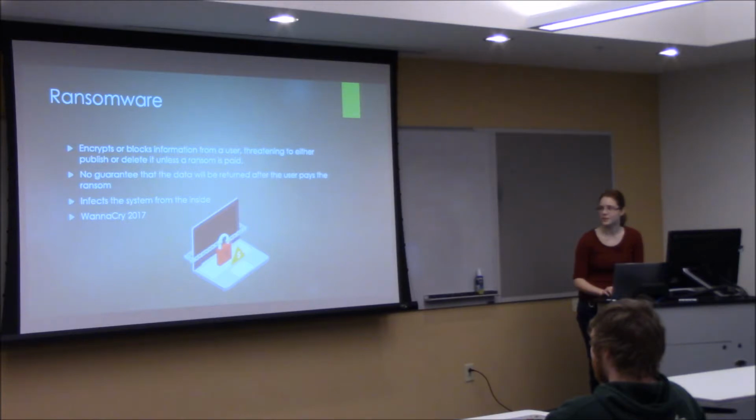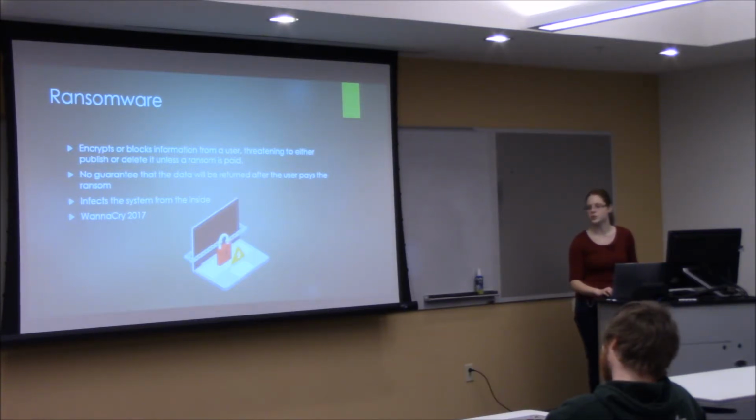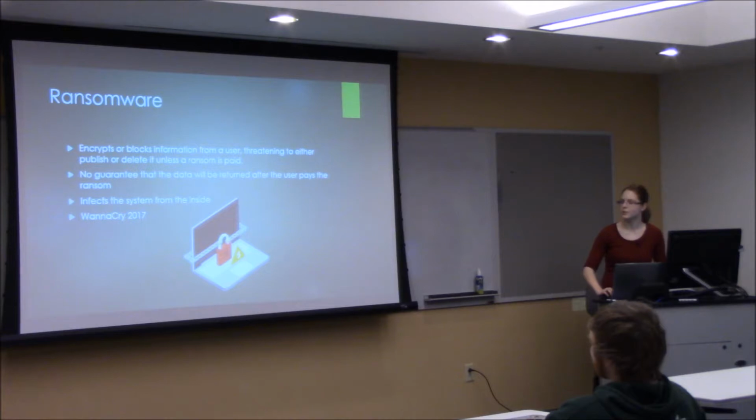It would encrypt everyone's data, and it spread through old versions of Windows. It used an old version of malware and spread beforehand, and then later WannaCry attacked through that. So after it spread, it attacked using a different one. That's kind of like a blended attack. That one was pretty bad.